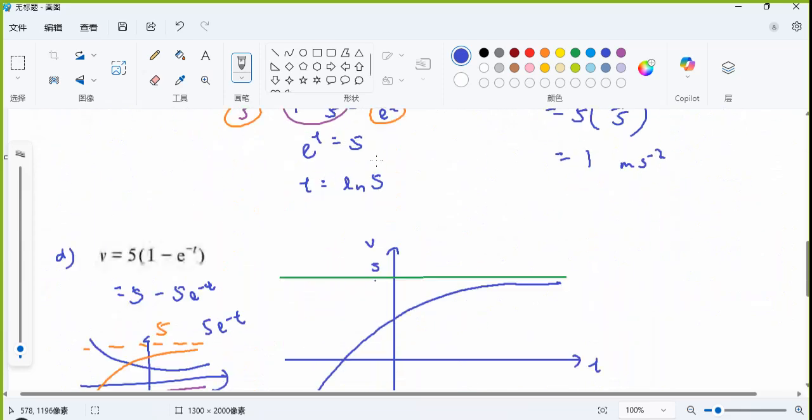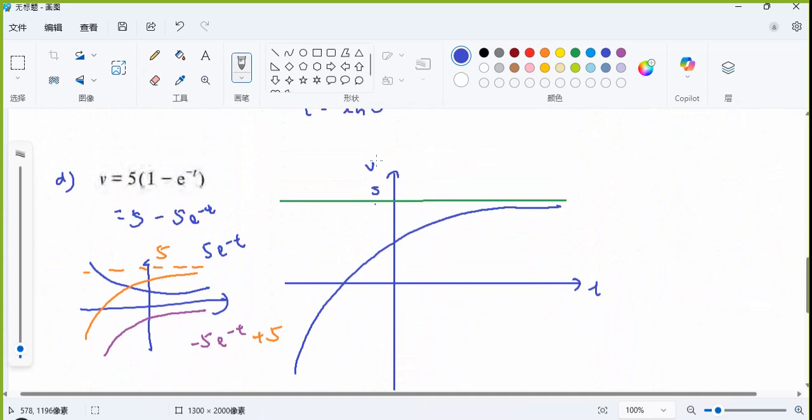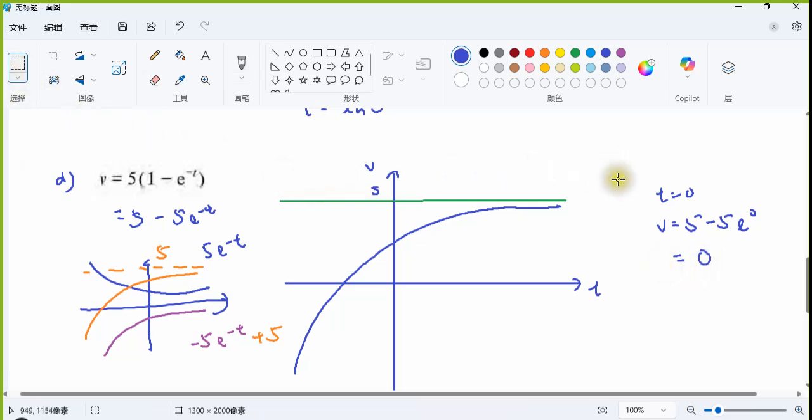And then the v-t graph. So when t equal to 0, then v will be 5 minus 5 times e to the power 0, then it's 0. So the graph that I drew is wrong already.